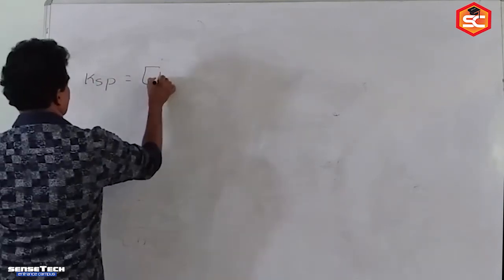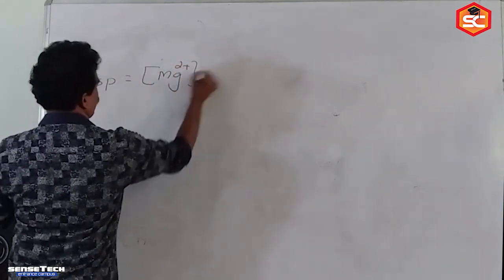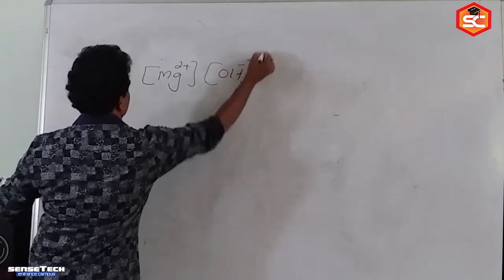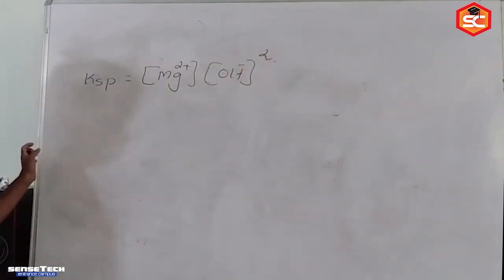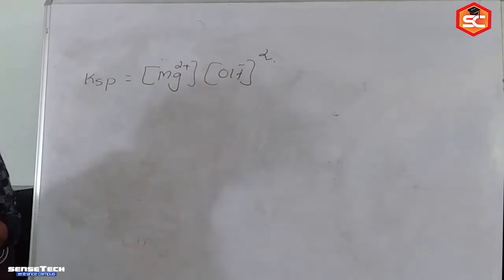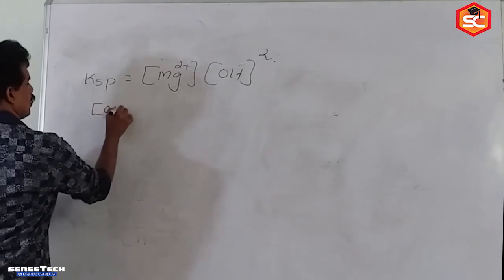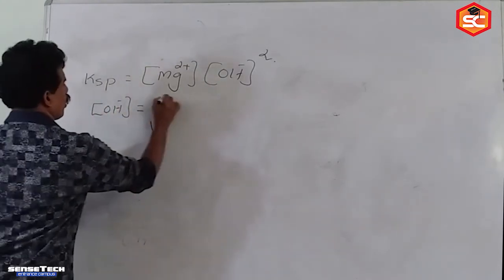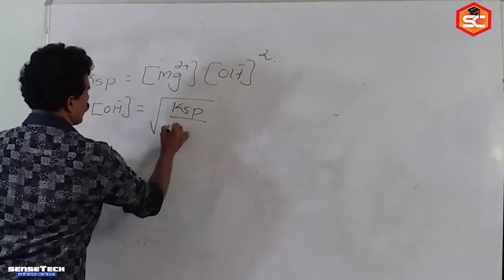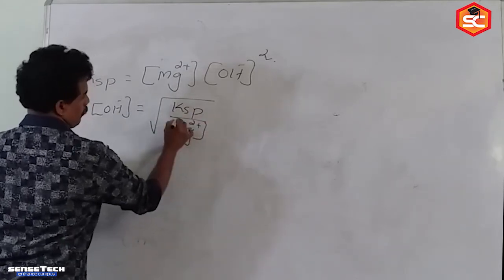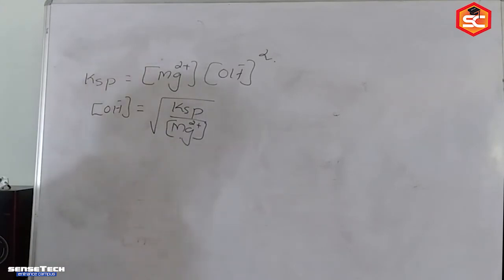Ksp is equal to the concentration of Mg2+ ion times the concentration of OH minus ion, the whole squared. Correct? From that you get the concentration of OH minus ion is equal to the root of Ksp by Mg2+ ion. Ksp is 1 into 10 raised to power minus 11, and the concentration of Mg2+ ion is 0.001.